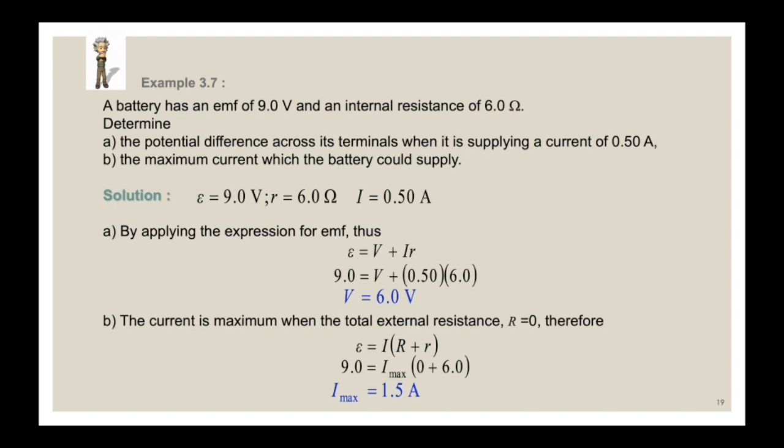Why is the current maximum when the total external resistance R is equal to 0? Because if we imagine in our circuit that there is no resistance, then the current will be very, very high. The bulb will be very, very bright, compared to a circuit with a very high resistance, where the bulb will produce very low light.